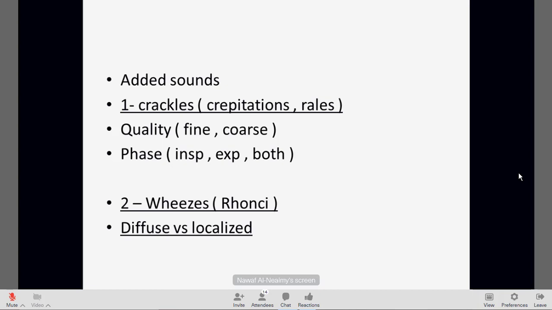بالنسبة للكراكلز إذا كانت خلينا نقول confined to يعني one side يعني خلينا نقول مثلا right middle zone left lower zone يعني ما bilateral يعني one side. Sometimes may be caused by retained secretions in the airways. ممكن يكون secretion in the airway هو ممكن يعمل لها الصوت الكراكلز.